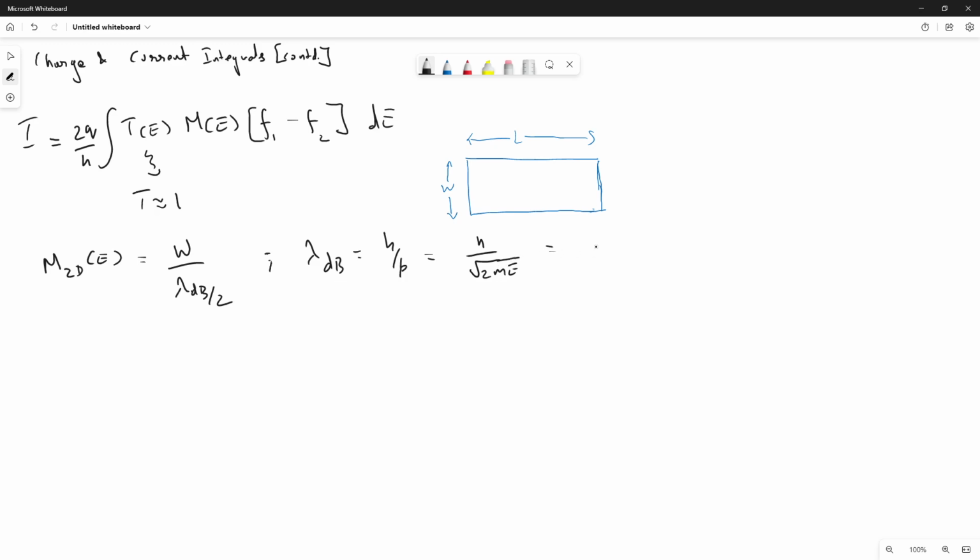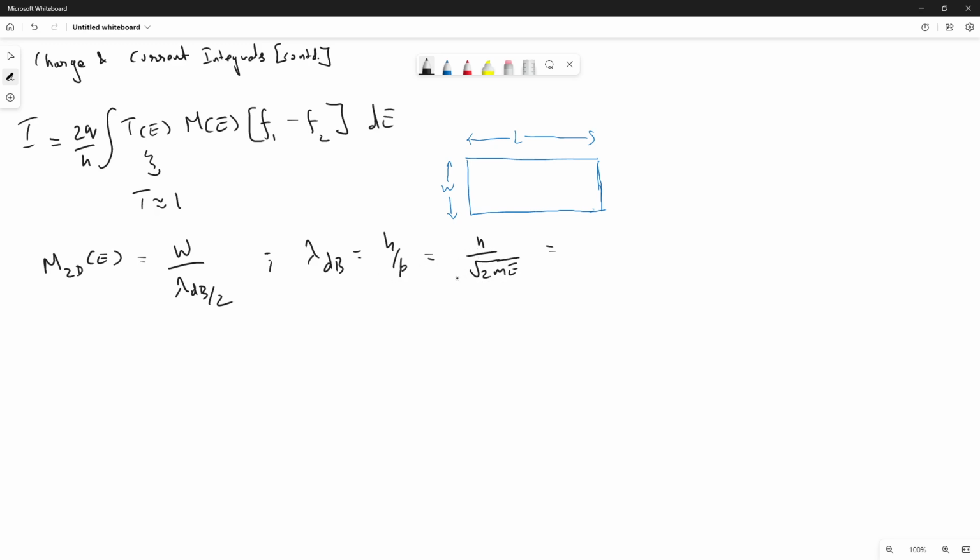So, yeah, that's it. We are here. Is this clear now? So this is lambda dB.